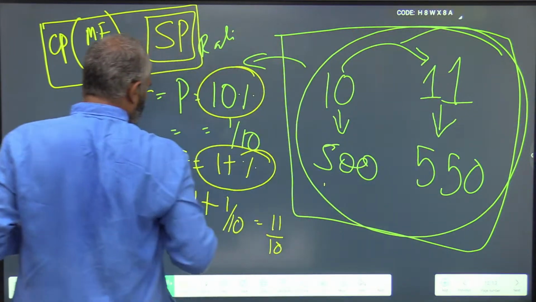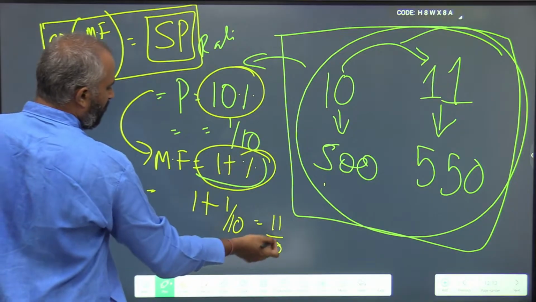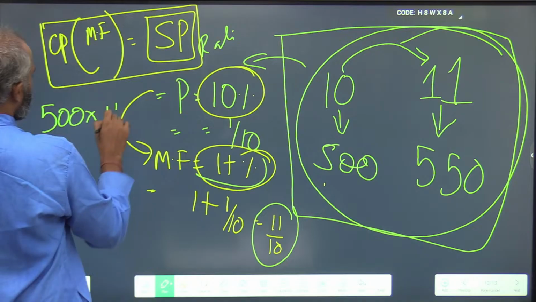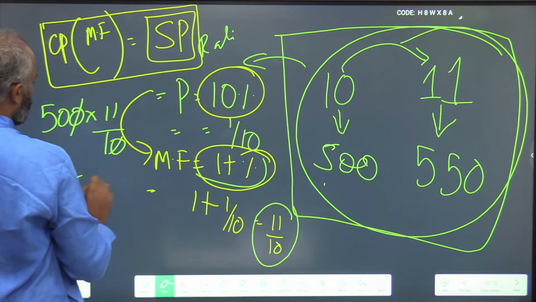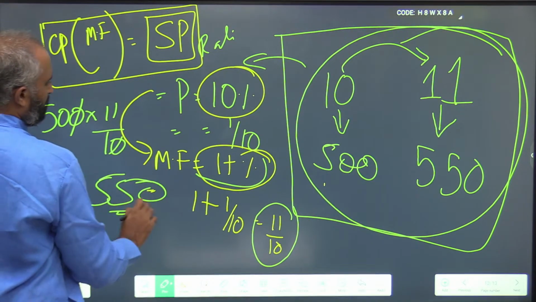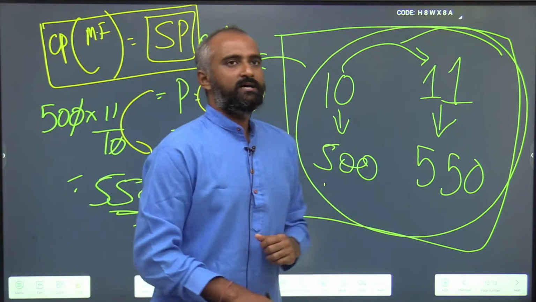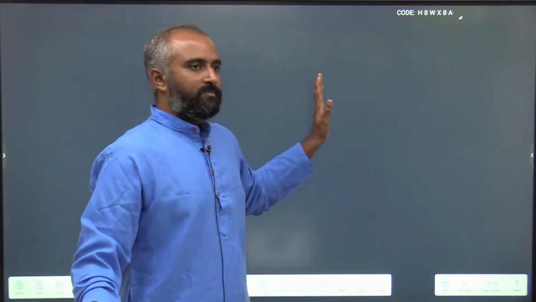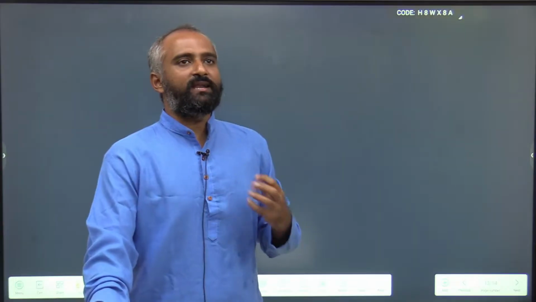So your multiplication factor is 1.1 or 11 by 10. So 500 into 11 by 10 will give you 550. Okay. So this is the ratio approach and this is the multiplication factor approach. I hope you have gotten a basic sense or a taste of things to come.